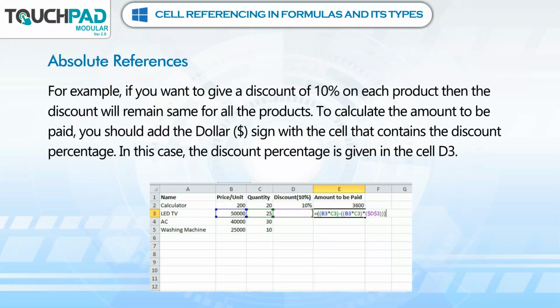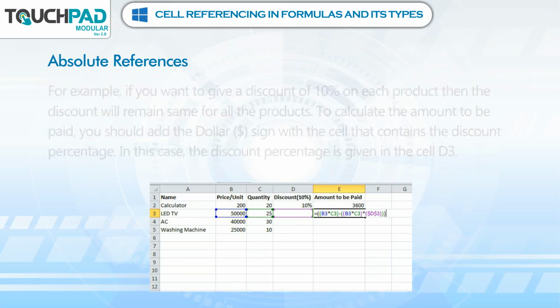For example, if you want to give a discount of 10% on each product, then the discount will remain the same for all the products. To calculate the amount to be paid, you should add the dollar sign with the cell that contains the discount percentage. In this case, the discount percentage is given in the cell D3.